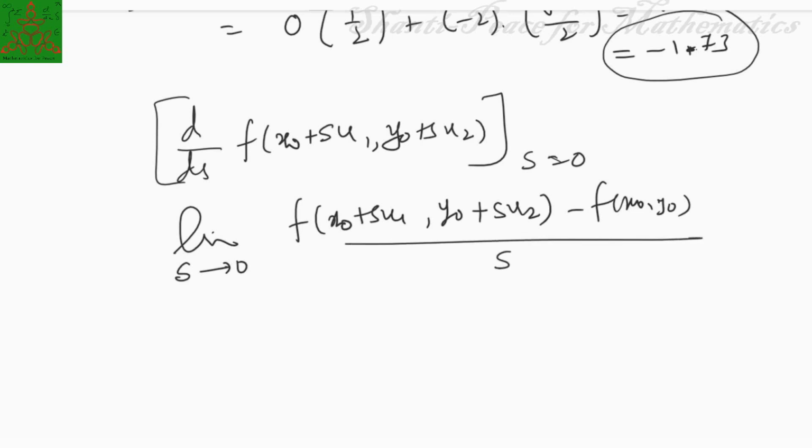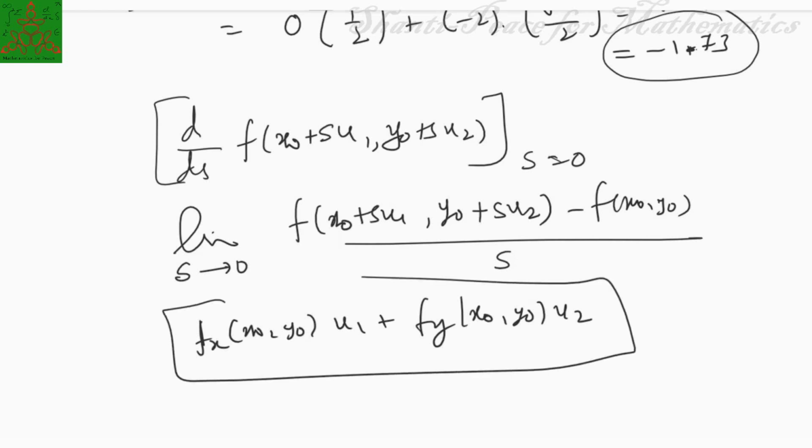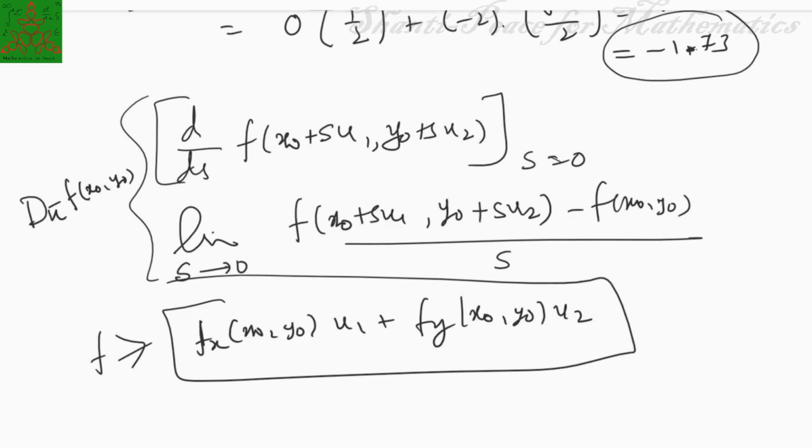And the third one is fx at (x0, y0) into u1 plus fy at (x0, y0) into u2. This I can apply only if f is differentiable, otherwise I cannot apply this one. The other two I can apply for any function. So those are the definitions of the directional derivative of f at point (x0, y0) in the direction of u bar.